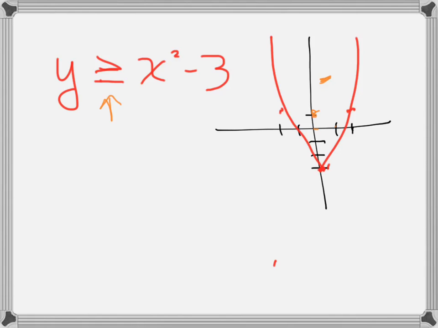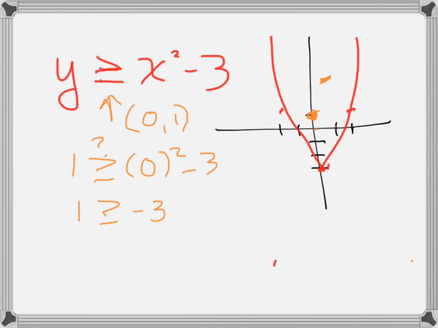So I plug 1 in for y, 0 in for x, and then test to see if the statement is true. Is 1 greater than negative 3? It is true. Therefore, all the points inside the parabola will be answers that will work in this equation.